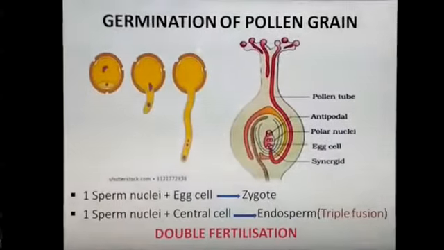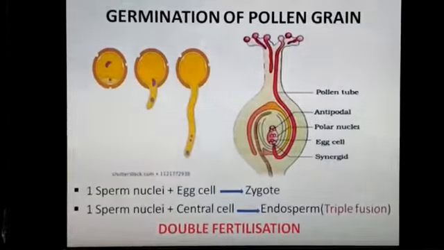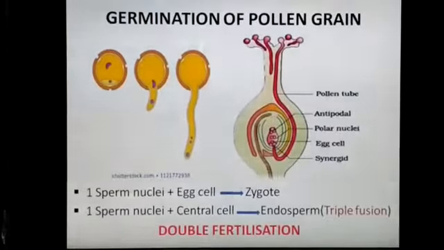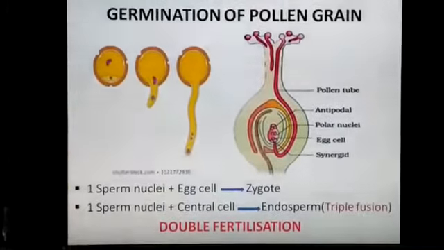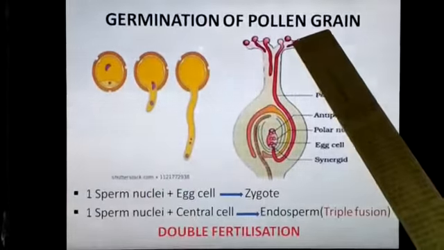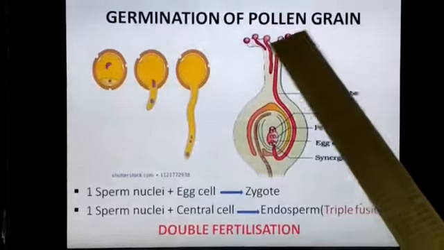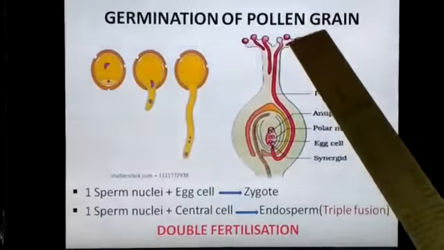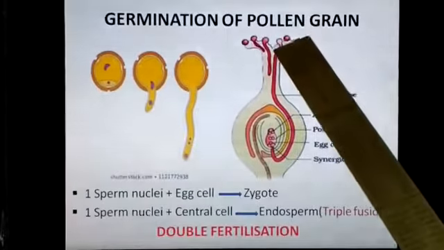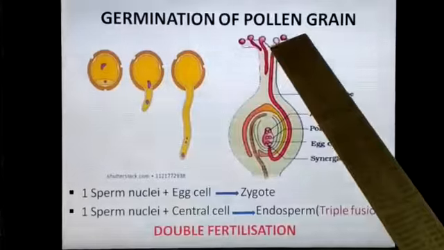Now we move on to the germination process of pollen grain and double fertilization process in a flower. Before we start, one thing to recall is that once a pollen grain reaches the stigma, it starts its germination process only when the pollen grain and stigma are of flowers of the same species. Now, stigma here produces sugar, which stimulates pollen grains to germinate.